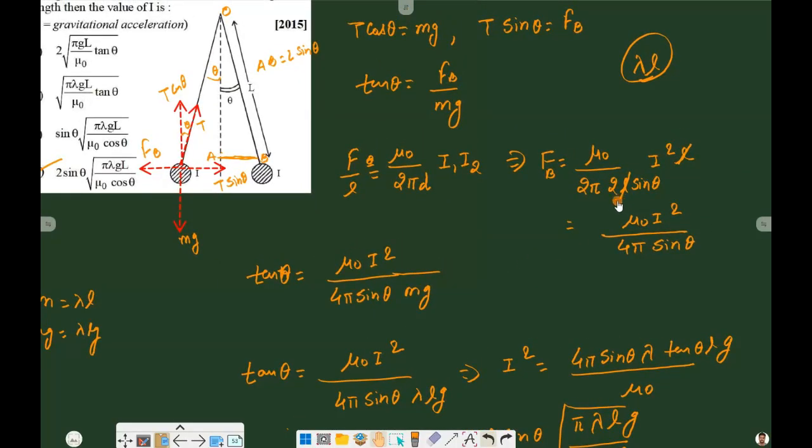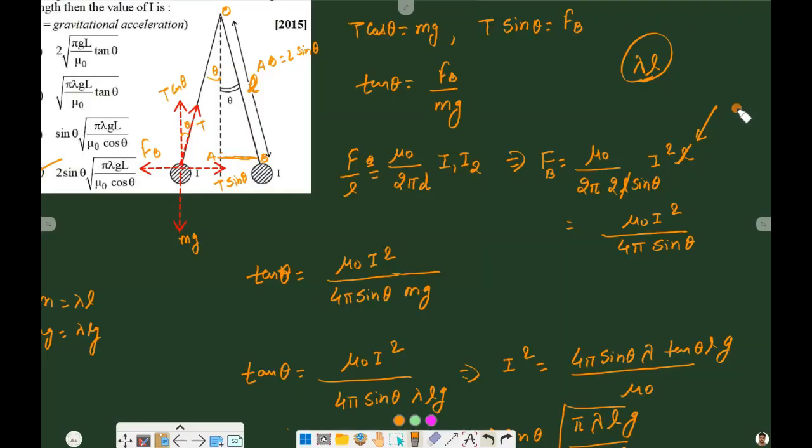Here I'm using capital L and small l similarly. So assuming that L is the length of the thread, and 2L sine theta is the distance between them, here let us consider that L is the length of the conductor. It is my assumption so that I can solve the question.